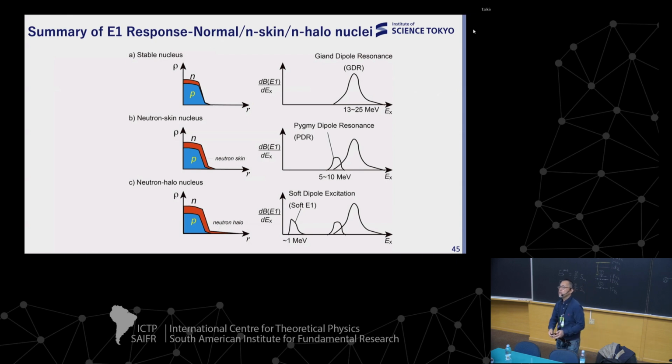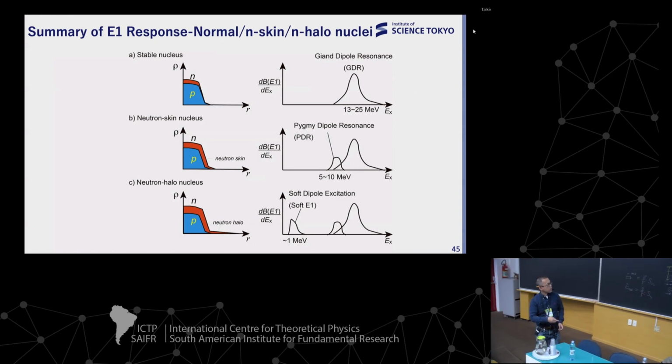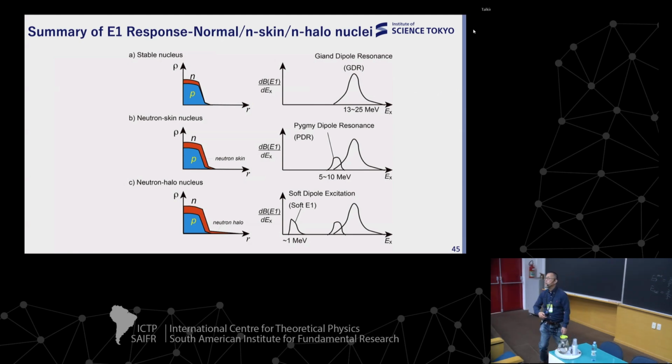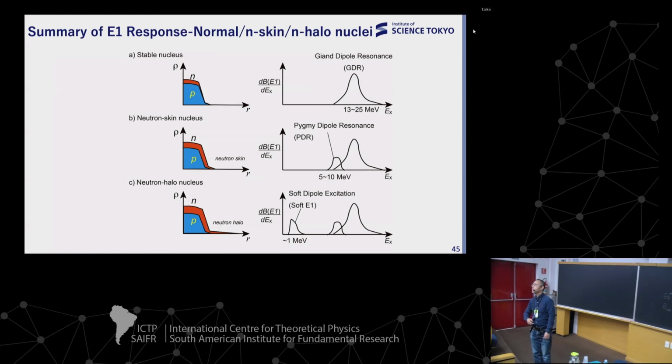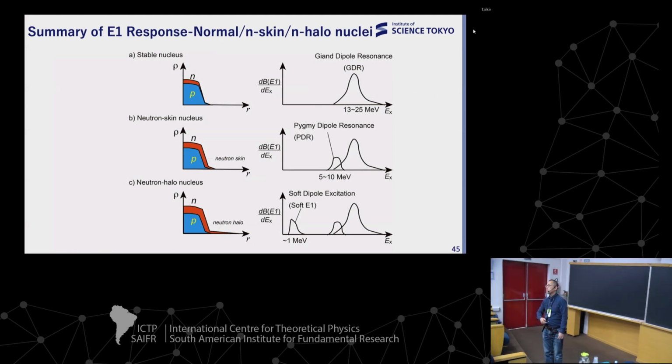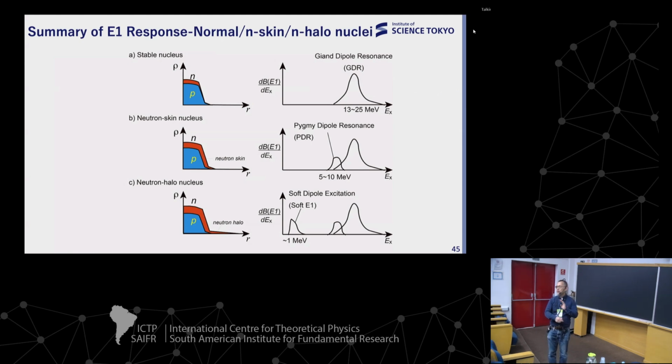So in this slide, for the last neutron halo case, there are 3 peaks also. So there is a pygmy dipole resonance, and on top of that, the soft. Yeah, so far, our measurement can measure up to, I would say, 6 MeV or something.